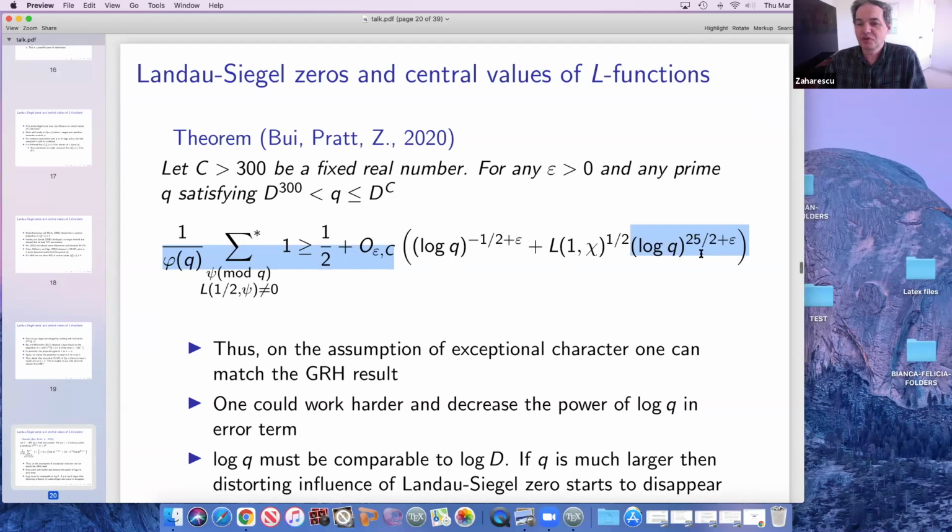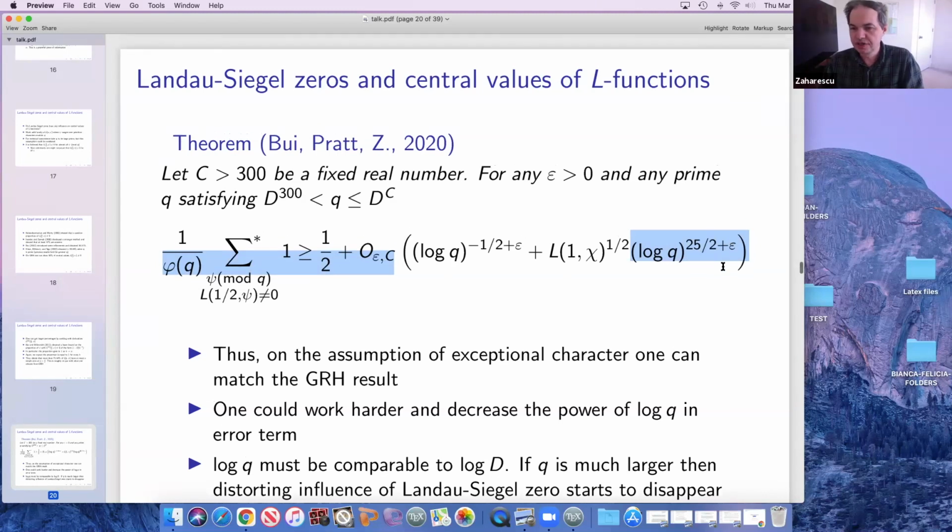It's 25/2 plus 1/4. What do we do with this? We cannot do anything except assume that L(1, chi) is small. But if L(1, chi) is less than 1 over log to the 100, that's good enough. It more than kills this term. Then L(1, chi) to the 1/2 is less than 1 over log to the 50, and it dominates this. So then we do get 50%.